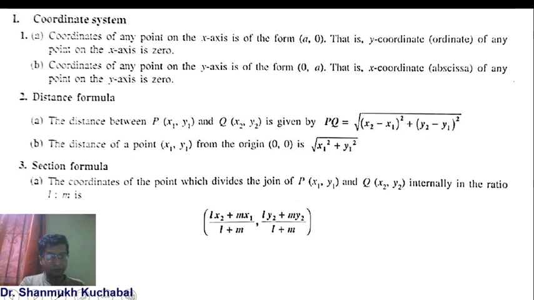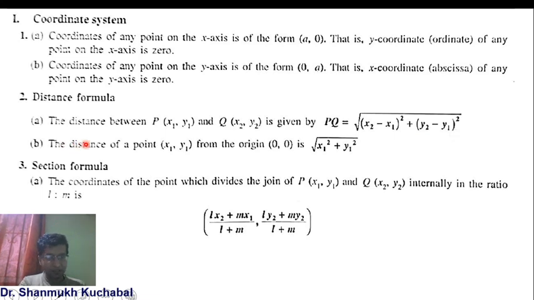Then we have two points P and Q. The coordinate of P is (x1, y1), the coordinate of Q is (x2, y2). Then the length between the points P and Q is given by the expression square root of (x2 minus x1) whole square plus (y2 minus y1) whole square.